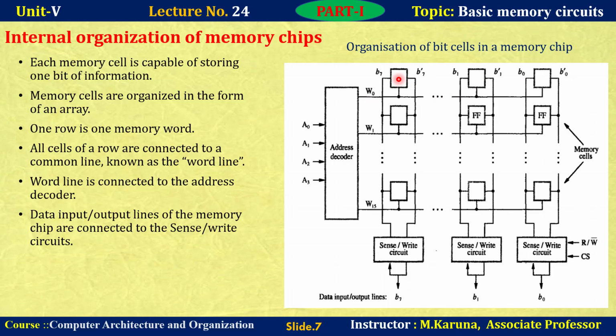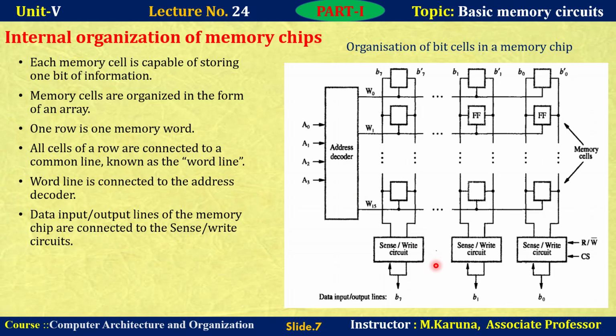Each memory cell is capable of storing 1 bit of information. These memory cells are connected to a common line known as the word line. These cells are organized in the form of an array, with rows and columns. All cells of a word line are connected to the address decoder.